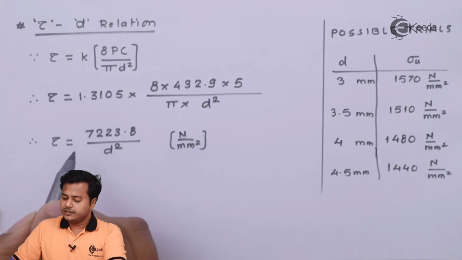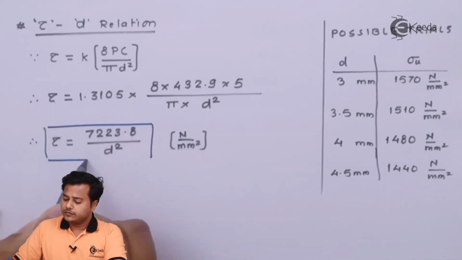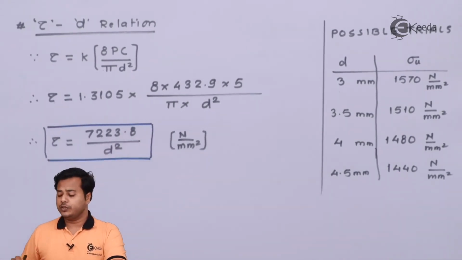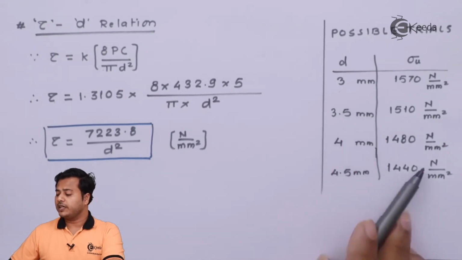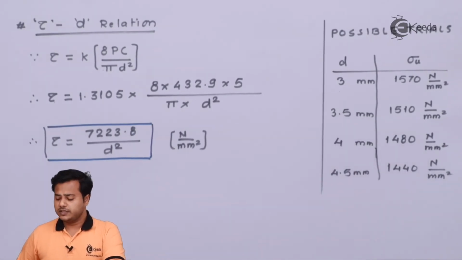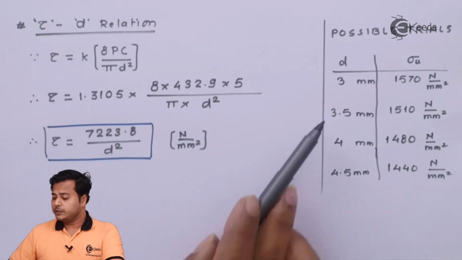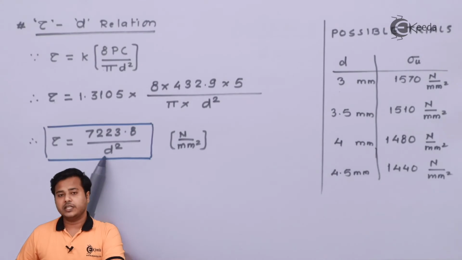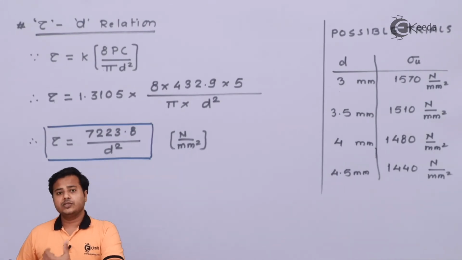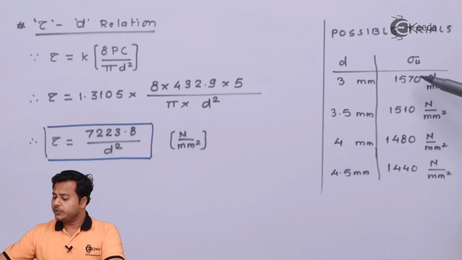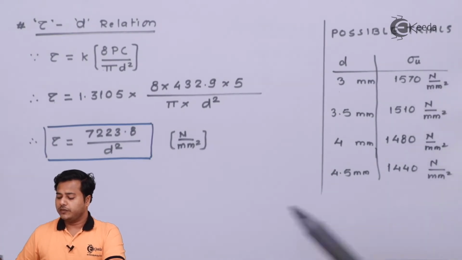Let me highlight it. So hereafter we are going to use this relation for all this trial and error method. What our purpose is, we are going to find out the induced value of shear stress when the specified value of this particular thing is induced, so that we will compare this particular value along with the safe value.